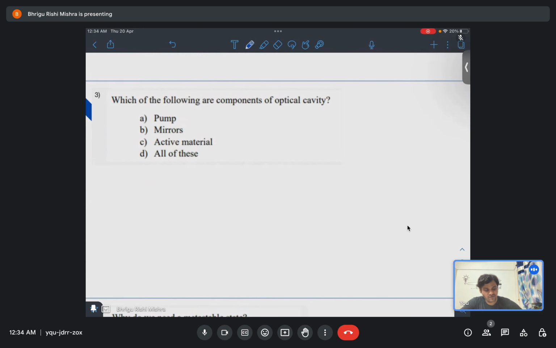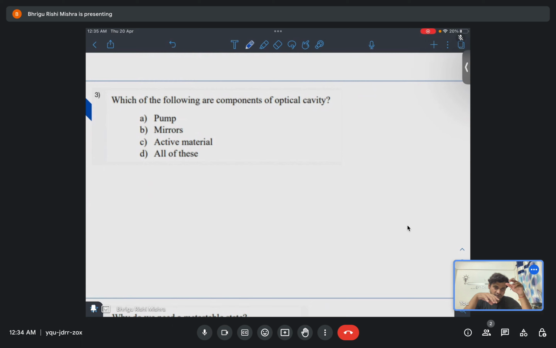Question 3: which of the following are components of an optical cavity? So pump, mirrors, active material, all of this. If you remember the lecture, the optical cavity is the portion where the laser process happens.